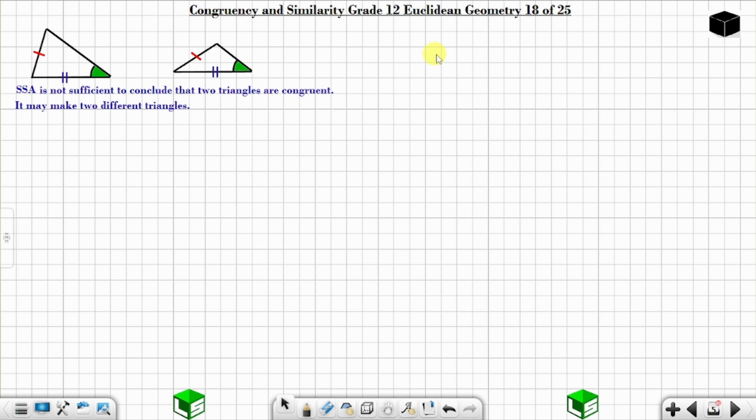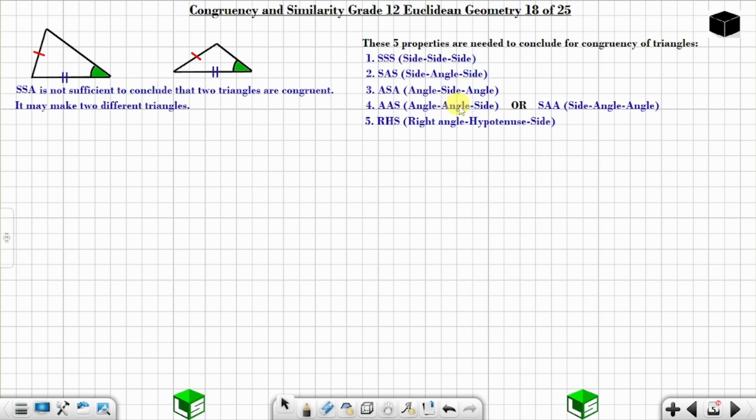In the previous slide, we learned these 5 properties for congruence of triangles: side, side, side; side, angle, side; angle, side, angle; angle, angle, side or side, angle, angle; and right angle, hypotenuse, side.